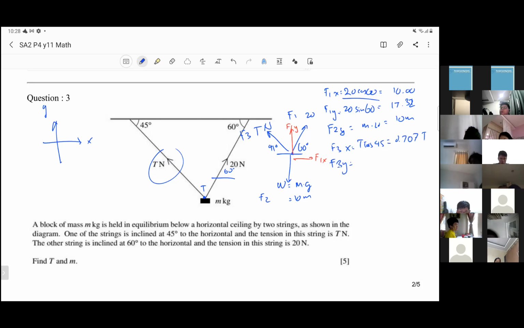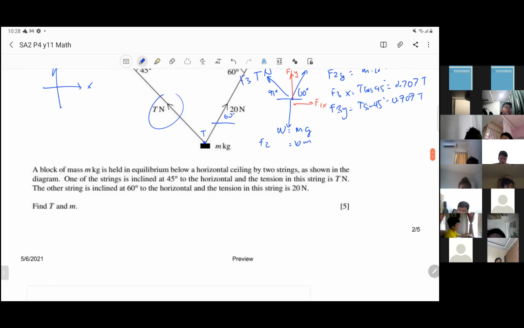See the pattern? T sin 45. Okay, and the result is? What is T sin 45? 0.707. Okay, good. Now we have them here.